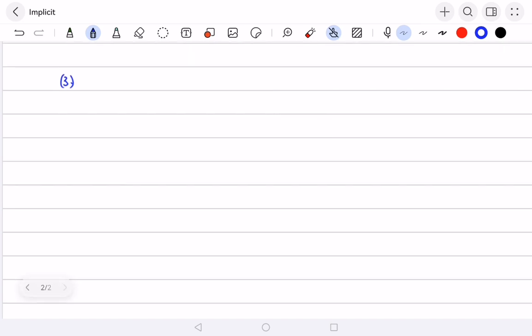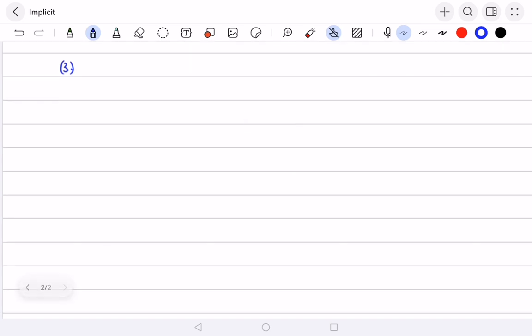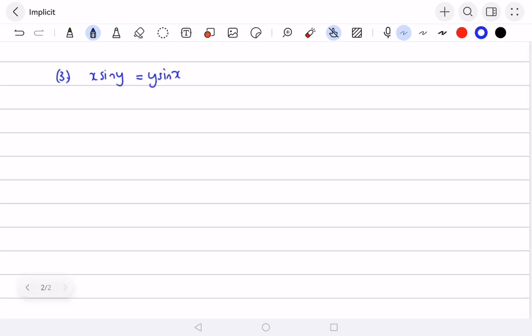Example number 3, we have x sin y equals y sin x. So this is an implicit differentiation function, and you cannot isolate y, or y is not isolated.